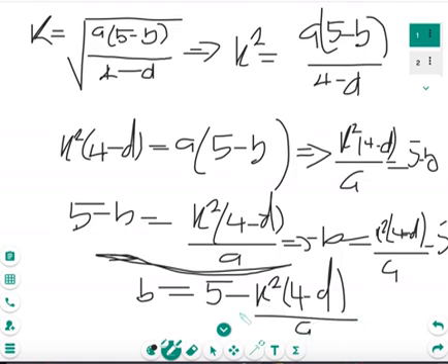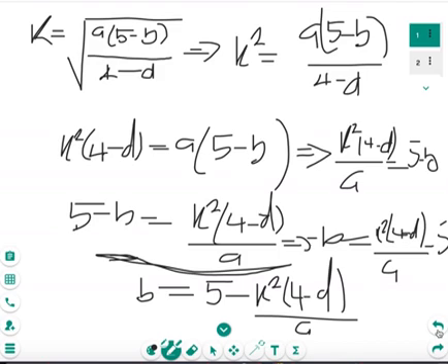Oh, you can write plus 5 here, it doesn't matter, but this whole thing is minus: minus k squared 4 minus d over a plus 5. You can write it that way, but that's not what you told me. You said k squared 4 minus d bracket close over a plus 5.